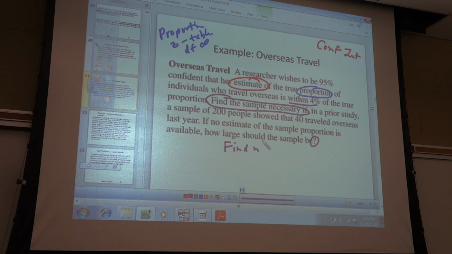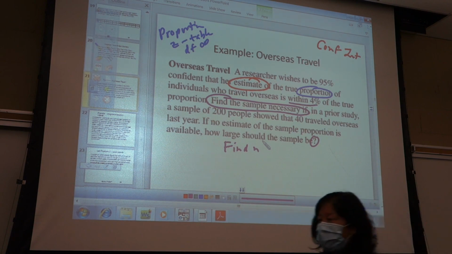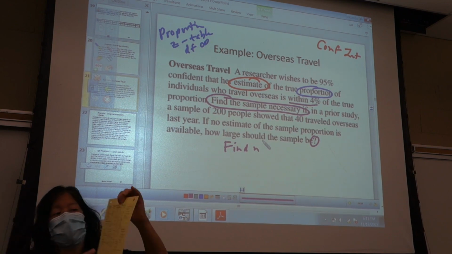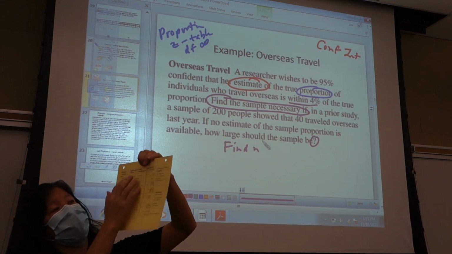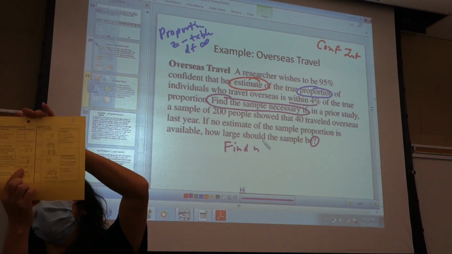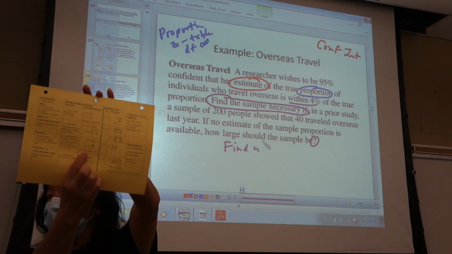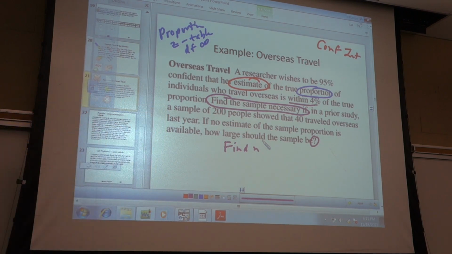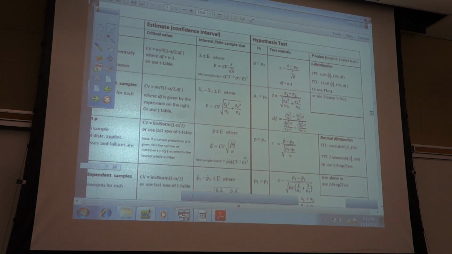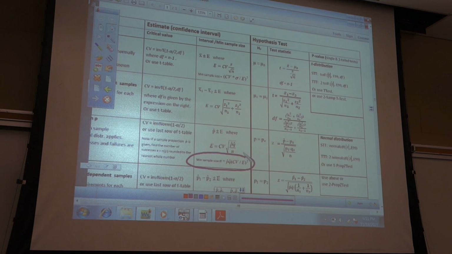What line specifically? Yep. Okay, good. So where it says min sample size on your yellow sheet, it'll be on the left side, on the lower part, but there's this little line right there that says min sample size. That's what you need. Or I'll show you on the sheet. That might be easier. It is right here. This is your find n.